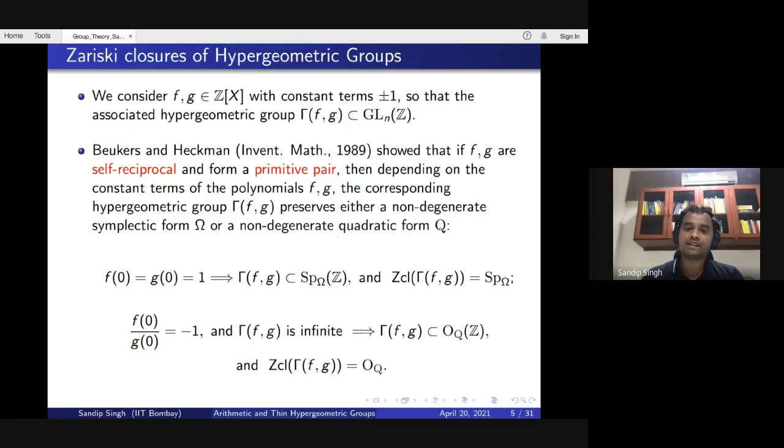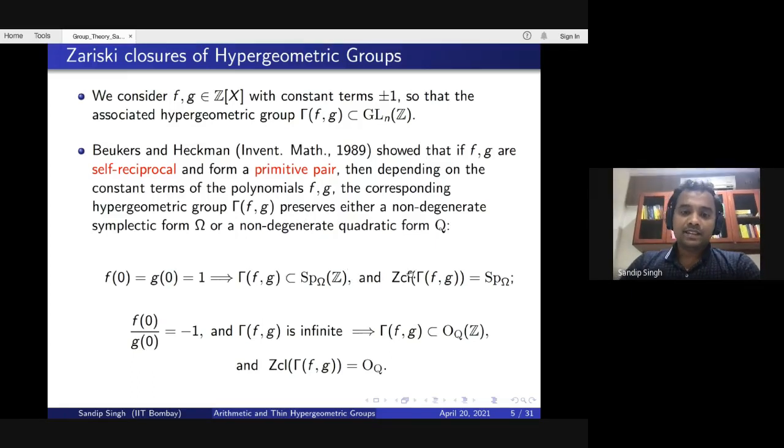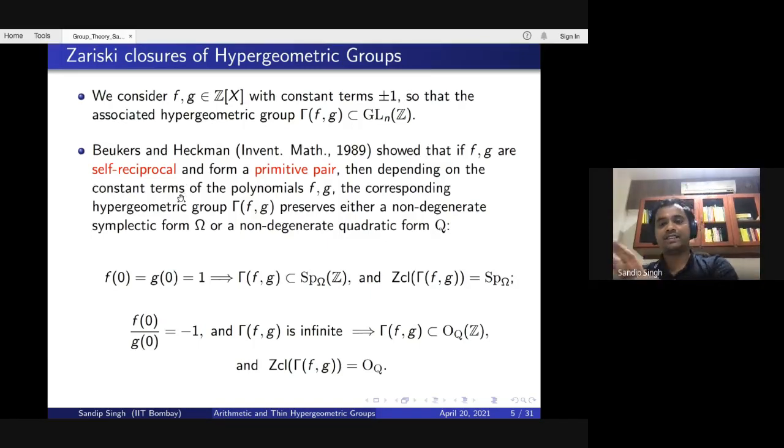Whenever f0 and g0 are 1, we can easily get that lambda equal to 1 is not possible. So in that case we get a symplectic form, where B transpose will be minus B, and B is the bilinear form preserved by gamma f,g.